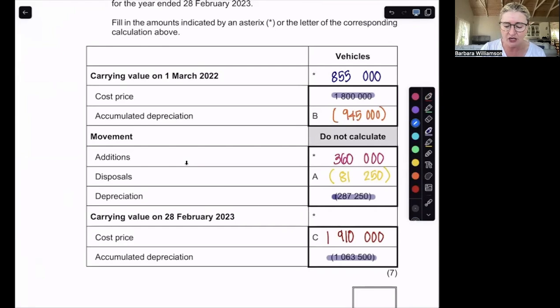And at the end, your cost price of 1,910,000 minus your 106,350 that was given should give you 846,500. Also, you can work that out by working down and taking your beginning carrying value, add and subtract your movements, and that should give you the carrying value at the end, just to check for yourself. And you're done.